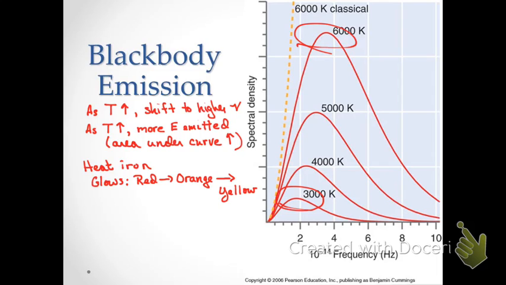At temperatures higher than this, the iron will melt, so we won't see a shift in color beyond the white in the iron itself. But again, noting the electromagnetic spectrum, red light is lower frequency than orange light, which is lower frequency than yellow light. So as you increase the temperature, the shift from red to orange to yellow is indicative of an increase in frequency, which is what we see in this plot on the right hand side of the slide.